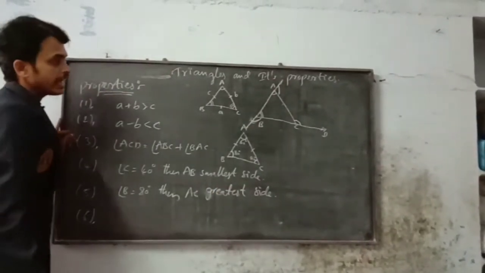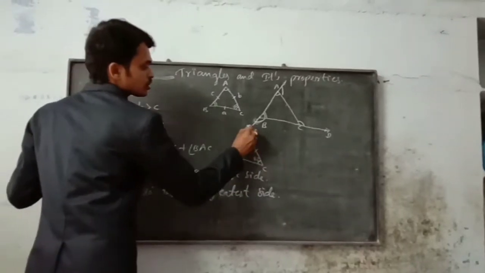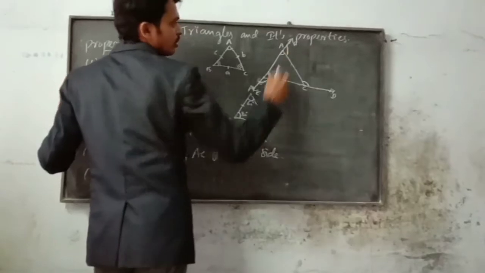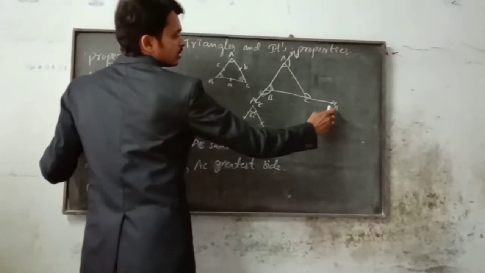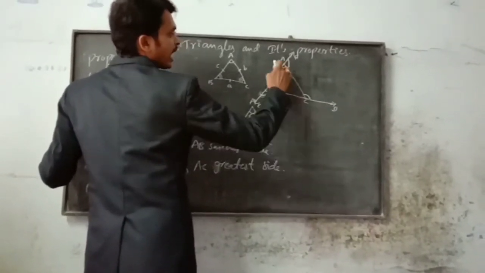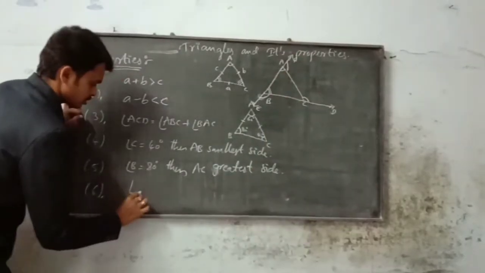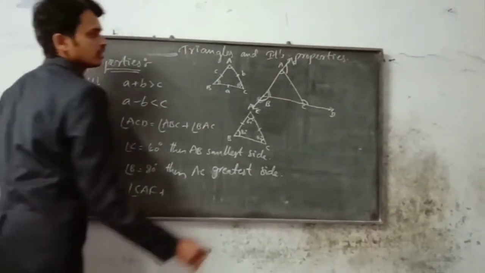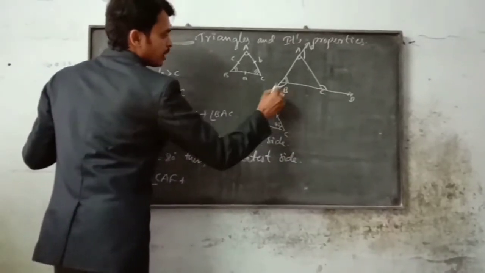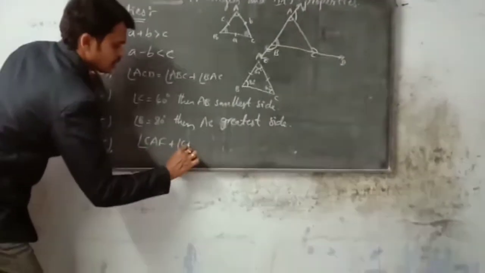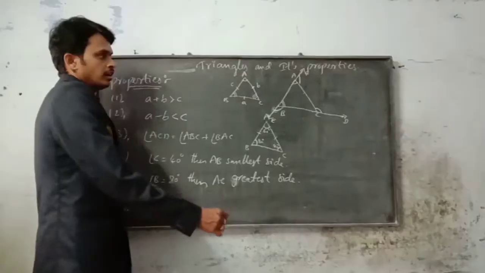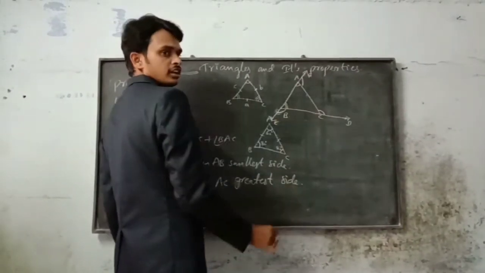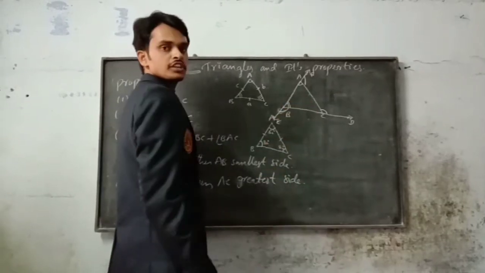This is extended to E and this is extended to F. So angle CAF plus angle CBE, so the sum of the three exterior angles is equal to 360 degrees.